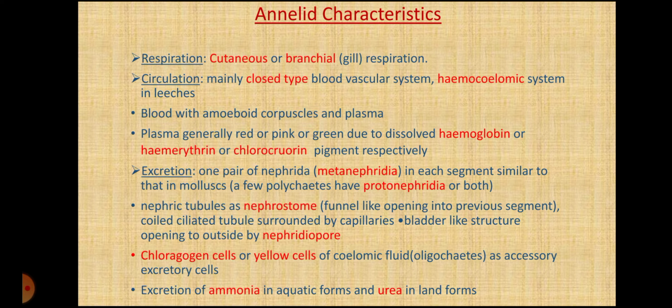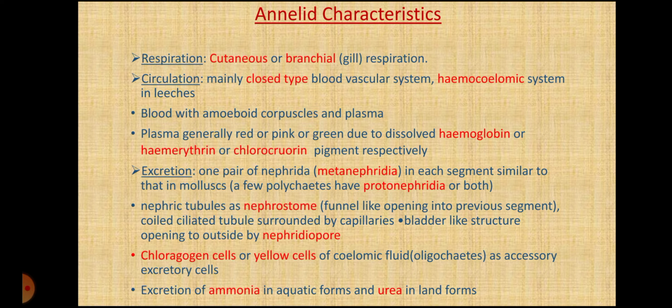Then next we talk about the excretory system. The excretory system of annelids is represented by segmentally arranged coiled tubular structures called nephridia. These nephridia are primarily metanephric or open type filtration systems that open into the coelom by a ciliated funnel-like aperture called the nephrostome.